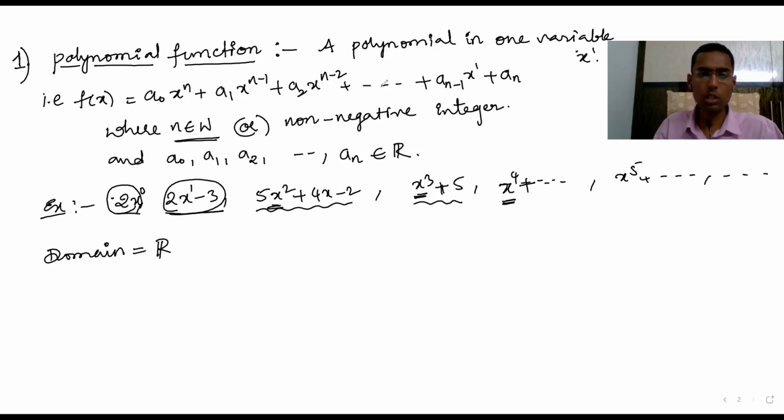There is no problem: x is not in a denominator, and there is no root. There is no root and no denominator. Therefore, whenever we say polynomial function, the domain is all real numbers.